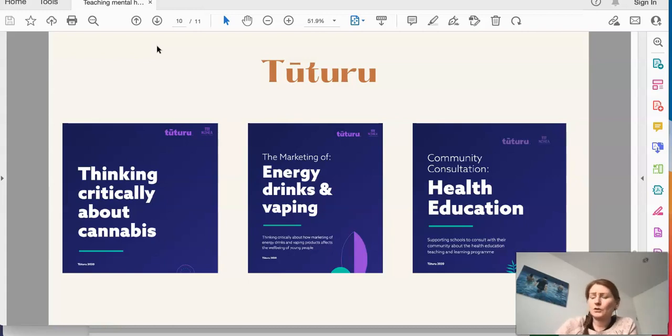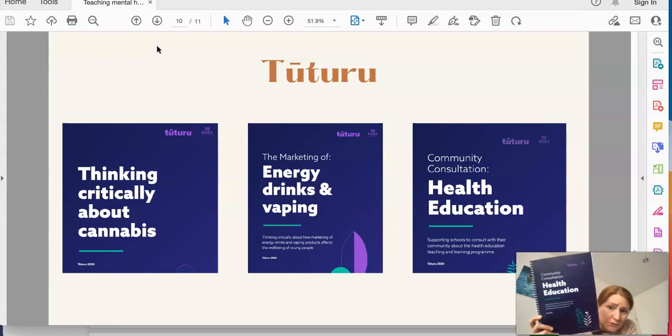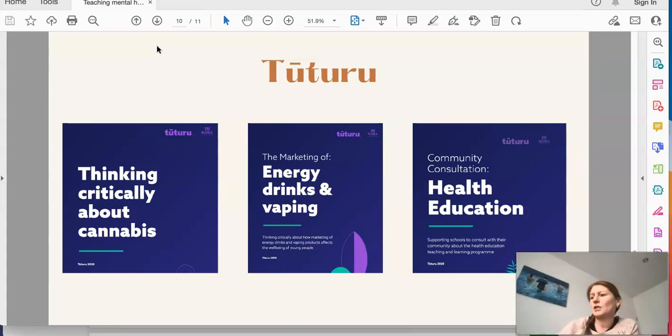I want to talk a little bit about this resource here, Community Consultation for Health Education. That resource is a really valuable tool if you are not 100% sure around the two-yearly community consultation for health education, the process, the legal requirements or obligations, and actually how to go about doing it, with some examples and survey questions and templates and things like that.